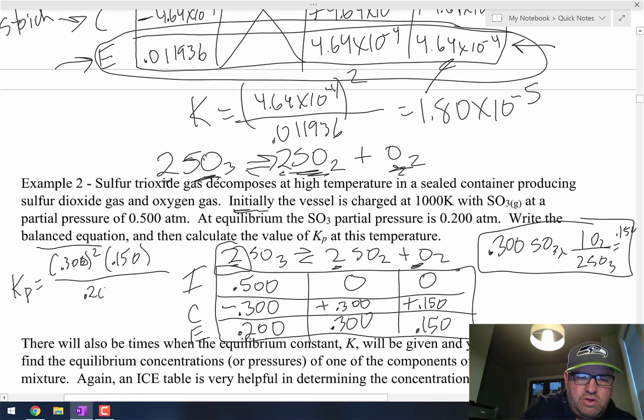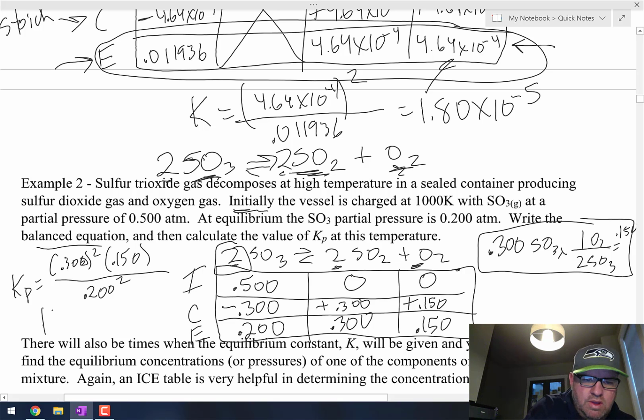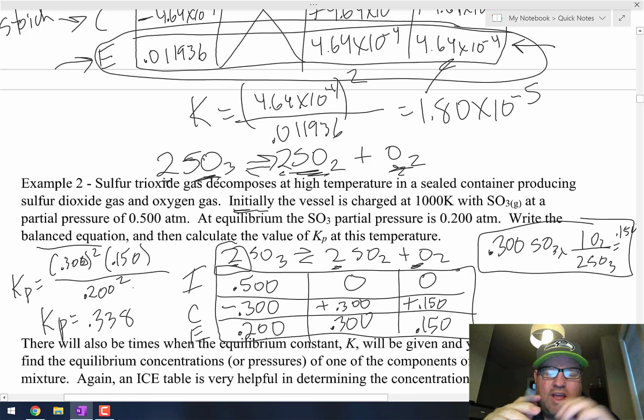So 0.200 squared. Okay, and so now I go to my calculator. 0.300 squared times 0.150 divided by 0.200 squared equals, Kp equals 0.338.